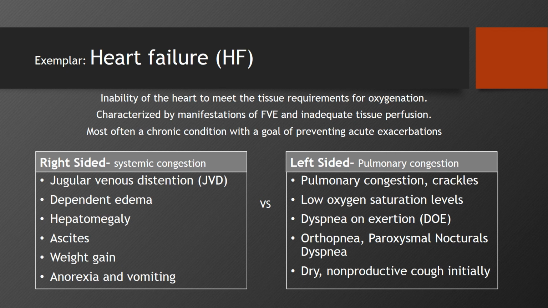So you have blood that's coming in on a normal heartbeat. It's going to come in from the pulmonary vasculature after it's been oxygenated, into the left atrium, down into the left ventricle, and that left ventricle is supposed to pump it out into the circulatory system.